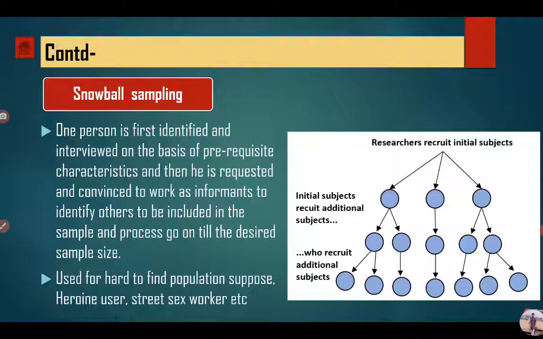In these pictures, the initial subjects are recruited by the researcher, and then they recruit additional subjects, and in this way it forms a bigger size, similar to the formation of a snowball. That is why it is called the snowball sampling technique. It is done in hard-to-find populations, for example heroin users and street sex workers.